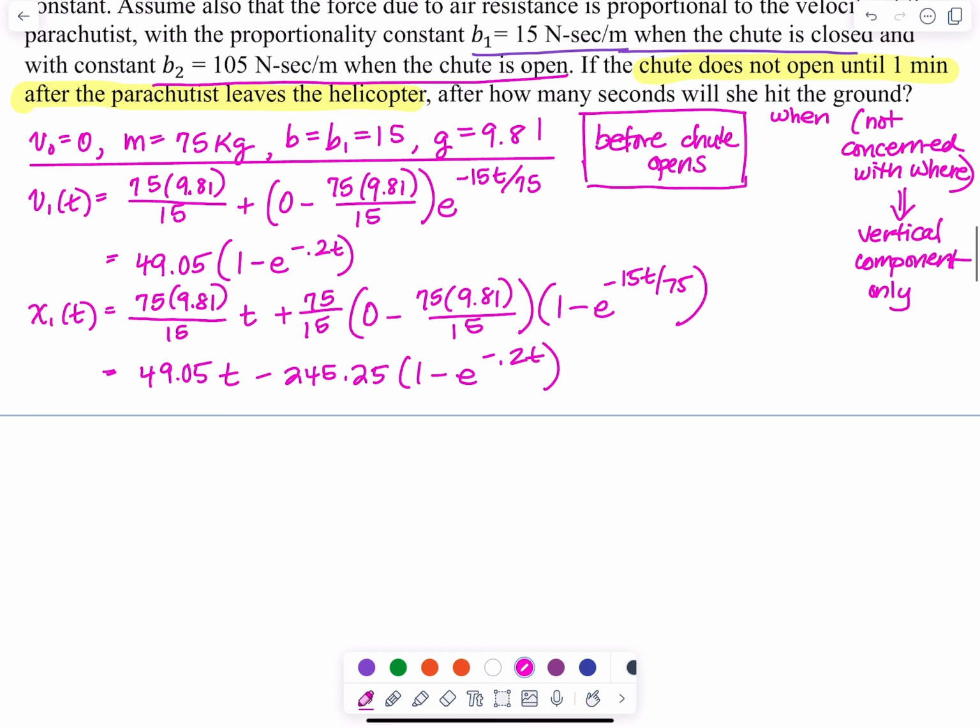So let's see what happens at 1 minute. After 1 minute, that is when t is equal to 60 seconds.